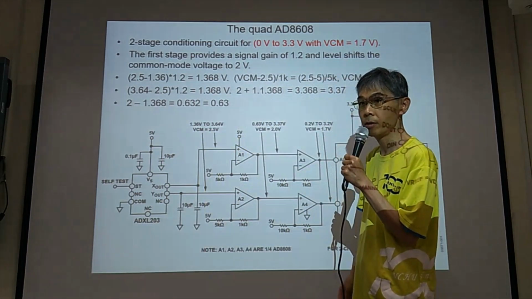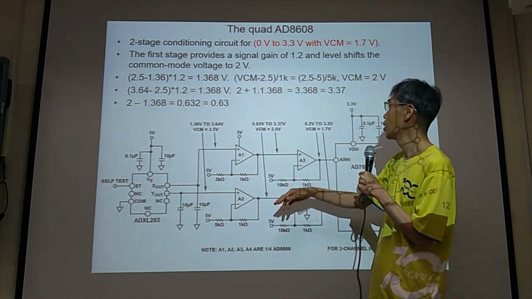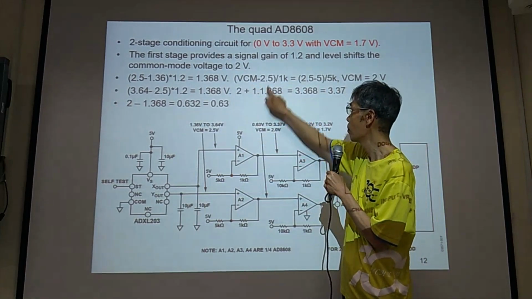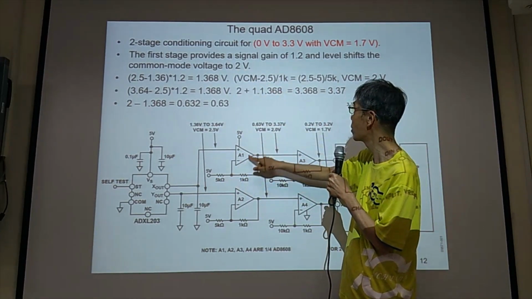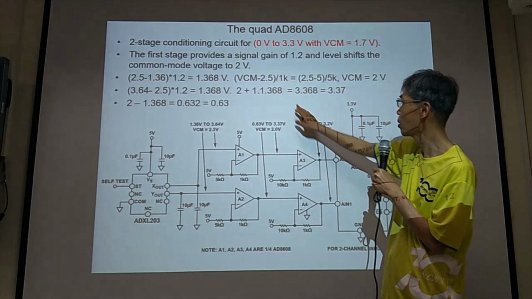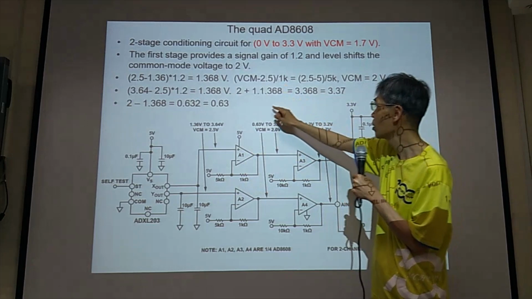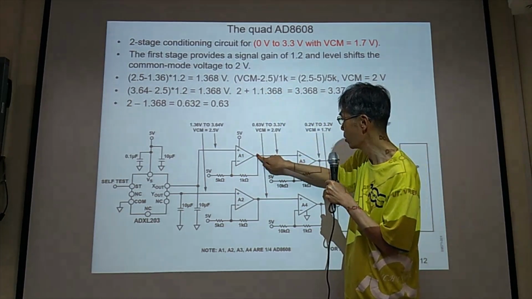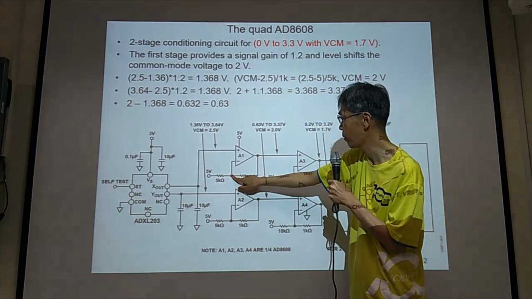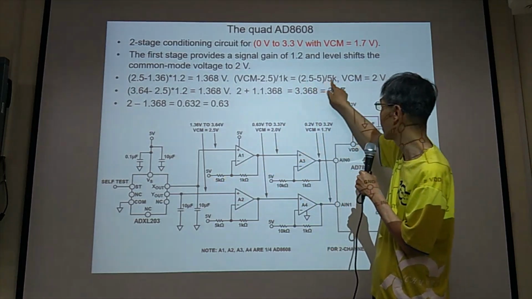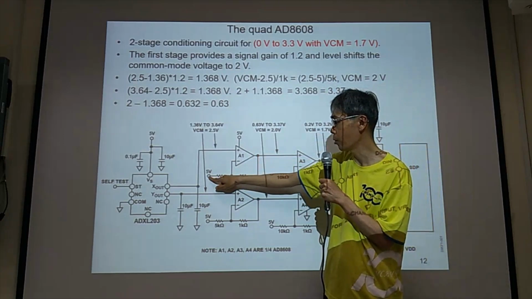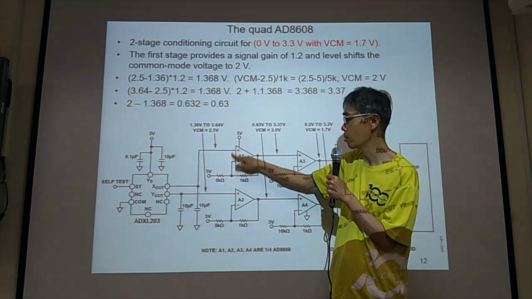I mean, do you understand? Okay, so this is VCM minus 2.5 divided by 1K. So VCM minus 2.5 divided by 1K equal to 2.5 divided by 5 divided by 5K. Because current goes this way, goes to 5 volt. No current going through the op amp.